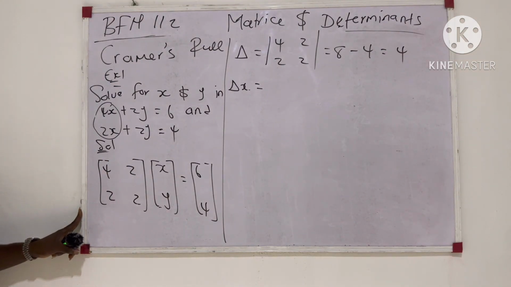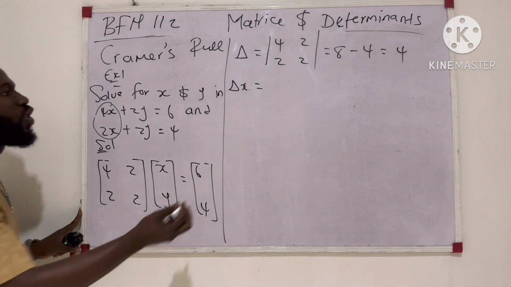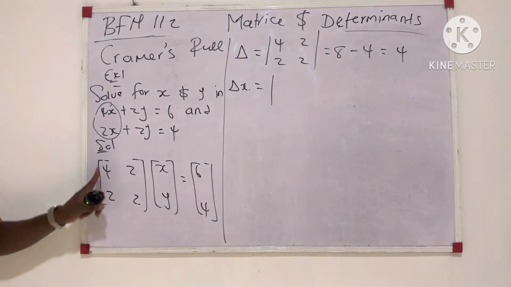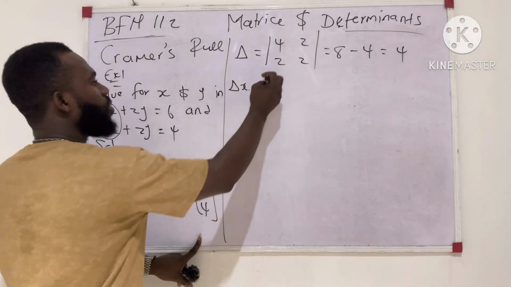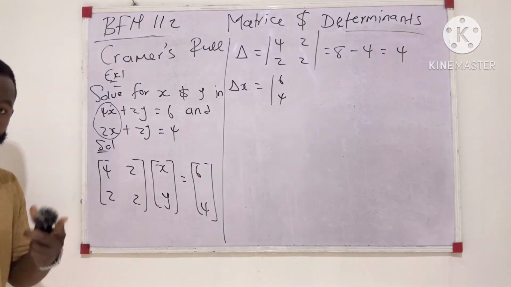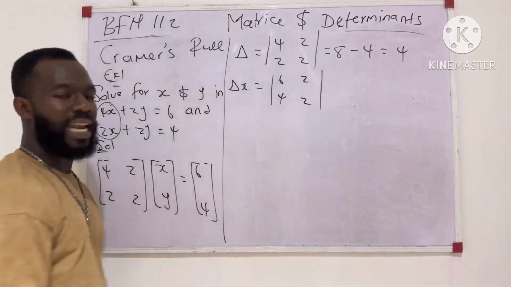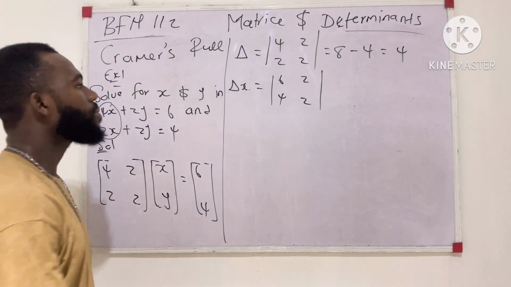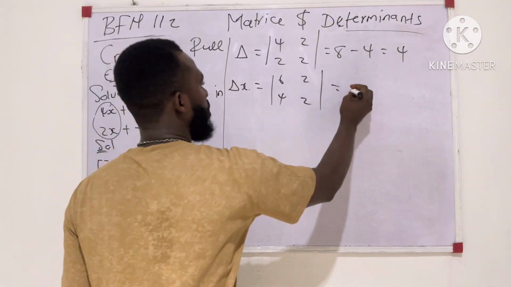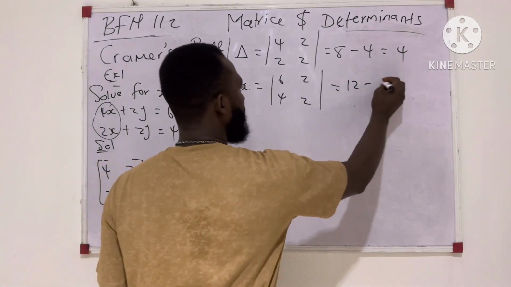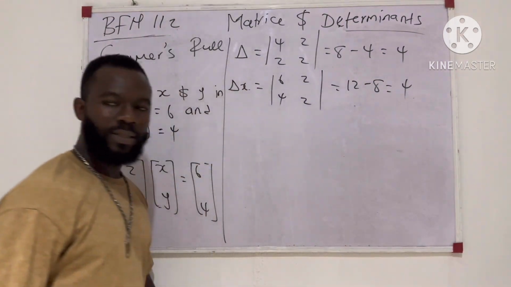That's it. So instead of 4, 2, I write 6 and 4, because I've changed it. Then what will remain here now? 2 and 2. Again, I'll look for the determinant. 6 times 2, 12. 4 times 2, 8. 12 minus 8, 4. That is our change in x.